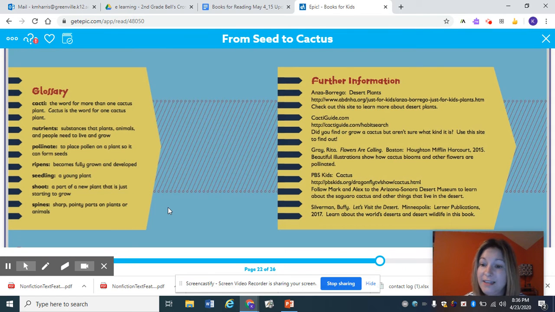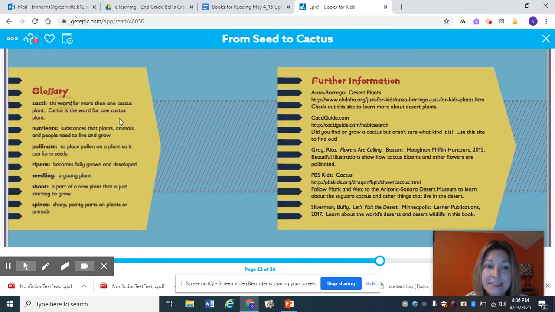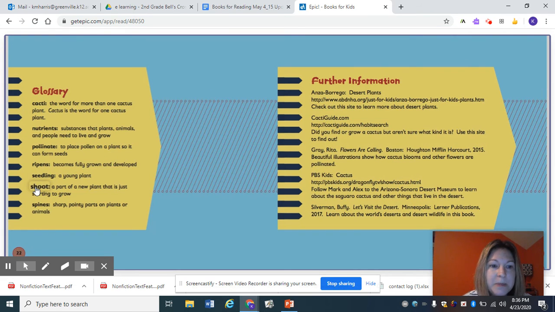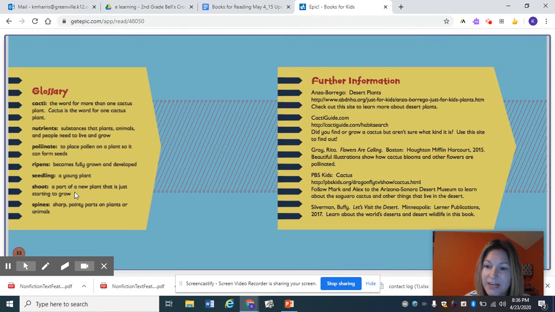So when you were reading the story, if you came to one of the words that was in special type and you didn't know what that word was, you could skip to the glossary at the end of the book and read the definition. So for example, if you weren't sure what shoot was in the first page, it's a part of a new plant that is just starting to grow.